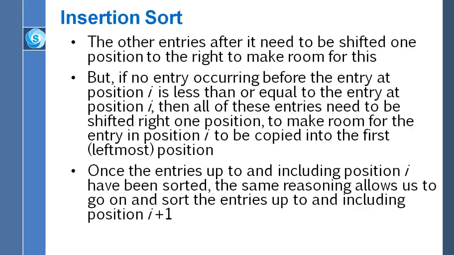We just inductively repeat that so as to wind up with the array sorted up to position I plus 1 and then I plus 2, and eventually when we get to the end of the array, the entire array will be sorted.